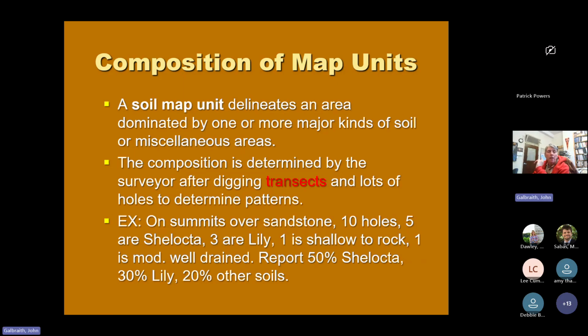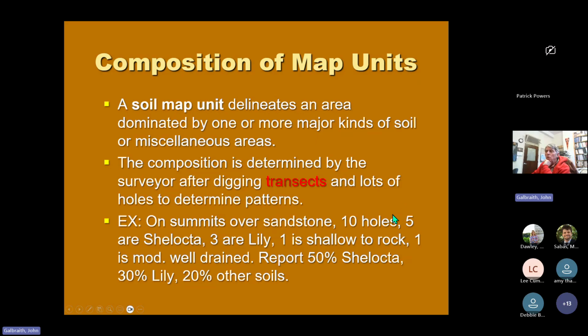If the whole field was Packlet, that makes it easy. But that's not always the case. Sometimes two soils are found alternating side by side on a regular repeating pattern, but they're never big enough to map out by themselves. So they're always mapped as a complex because it's a complex unit. It's not a simple unit.